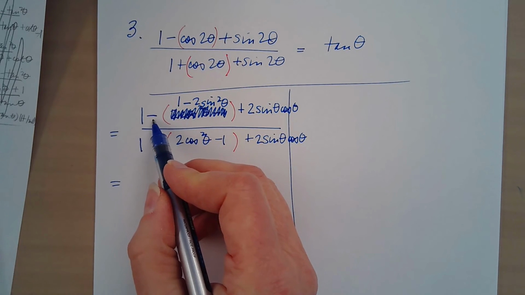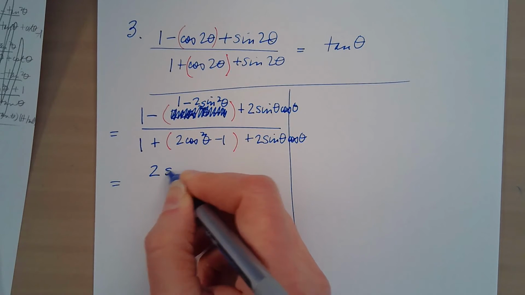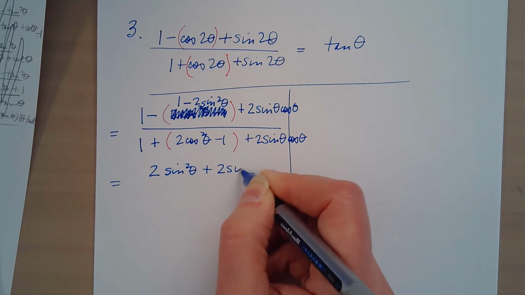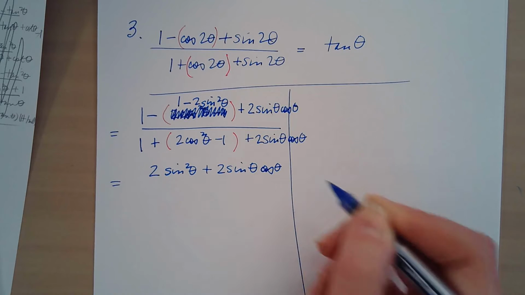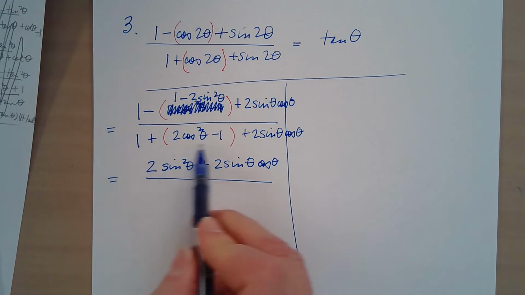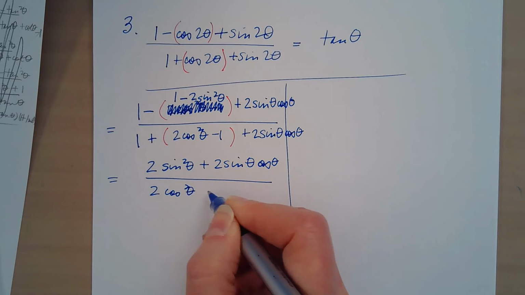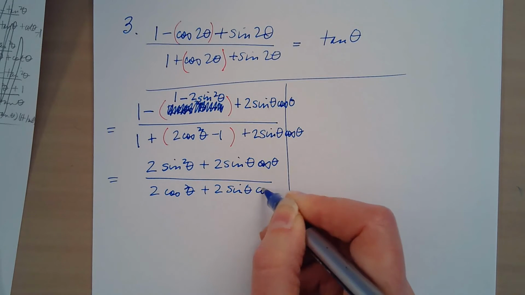And then a negative and a negative make a positive. So my top is going to be 2 sine squared theta plus 2 sine theta cos theta. That's kind of nice, right? I see a lot of common factors there. The 1s cancel, and I'm left with 2 cos squared theta plus 2 sine theta cos theta.